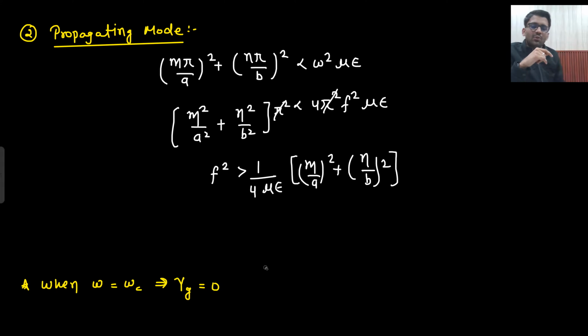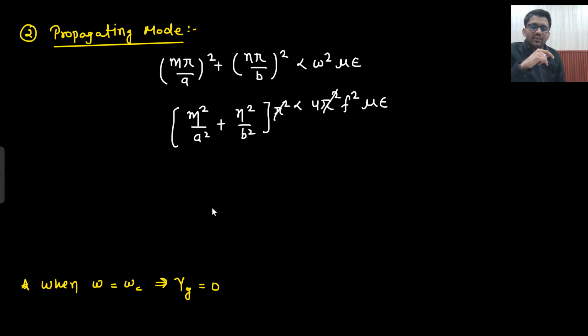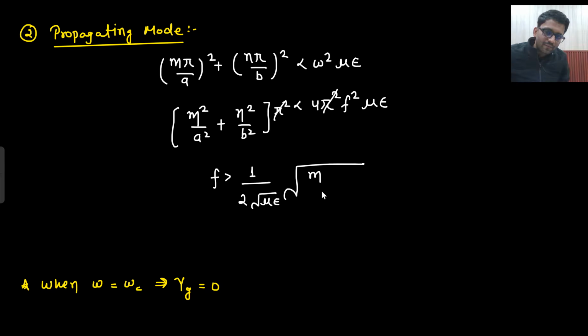So can I take the under root of both of them? What did I do? I took the under root. Under root of 4 is 2. So f will be greater than 1 by 2 under root mu epsilon times the under root of (m by a) whole square plus (n by b) whole square.